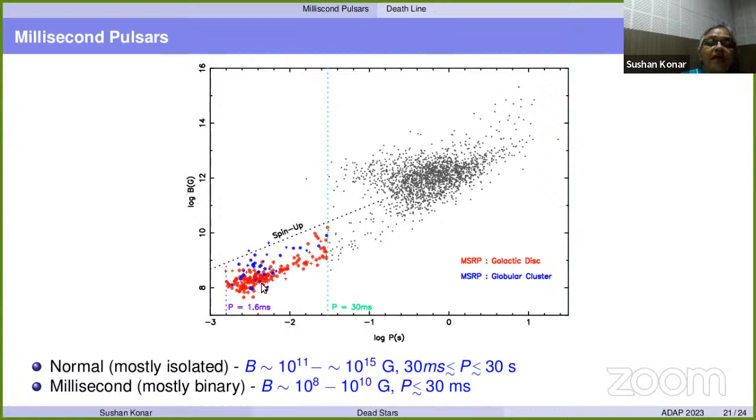What I have shown here are millisecond pulsars in the galactic disk, millisecond pulsars in the globular clusters, and isolated and binary ones by two different symbols. It appears that there are these subclasses and some more, which have somewhat different properties.